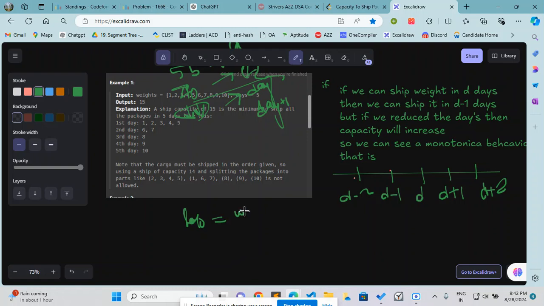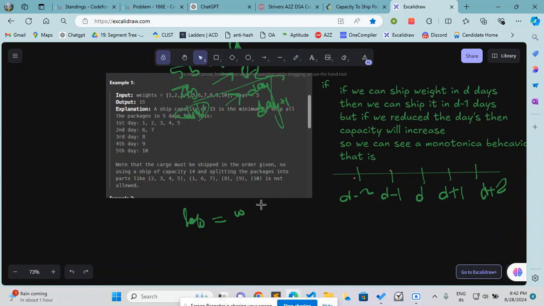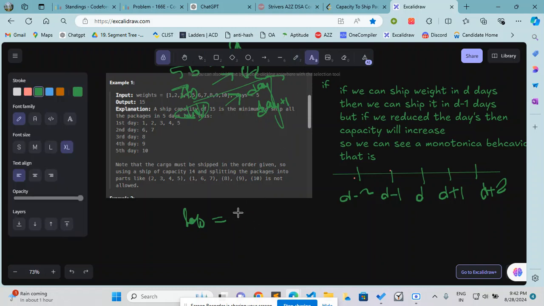And our high, the weight we can supply, is the sum of all the weights.